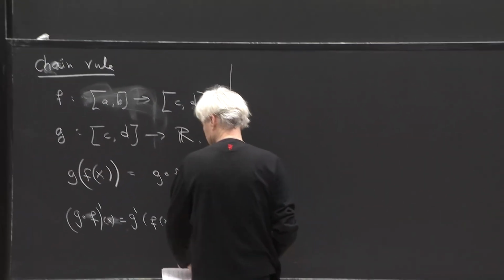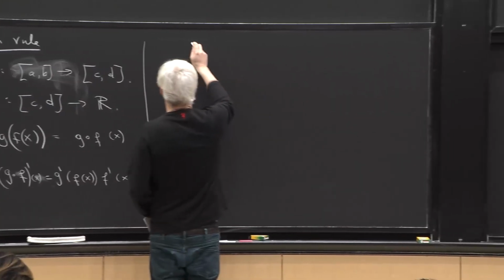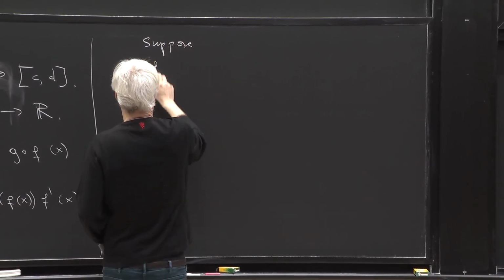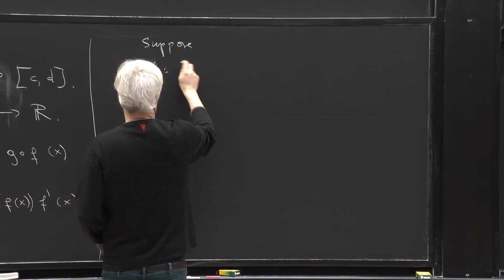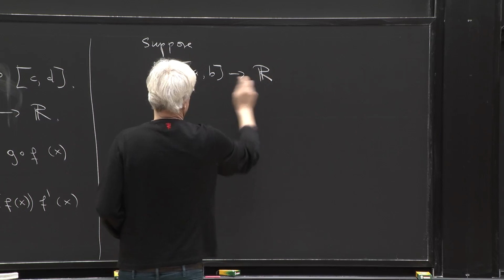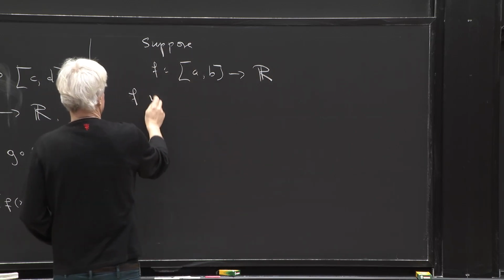the first thing we'll be interested in is, suppose that f here is a function defined on some interval from a to b into R, and f is differentiable.